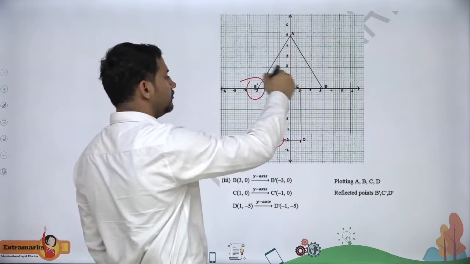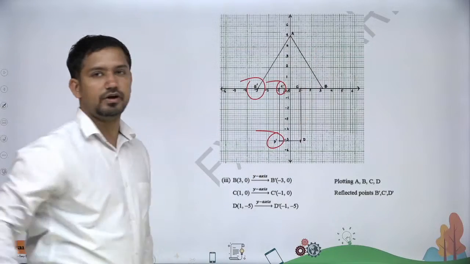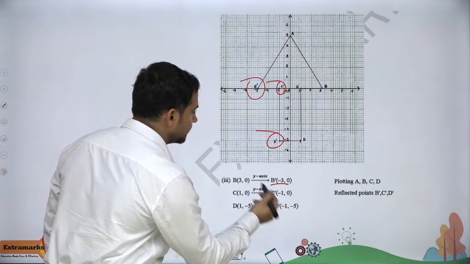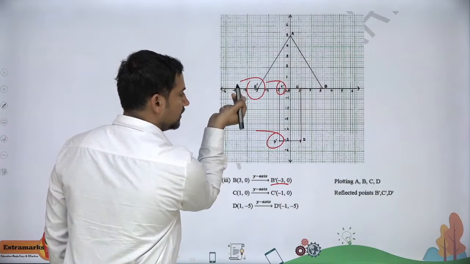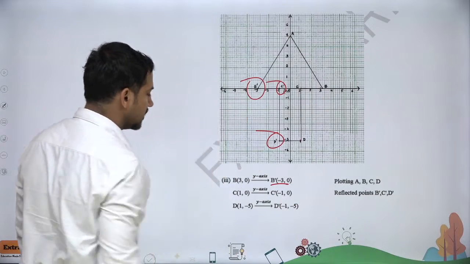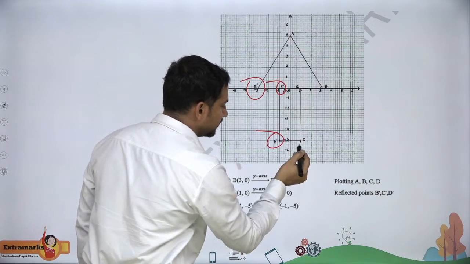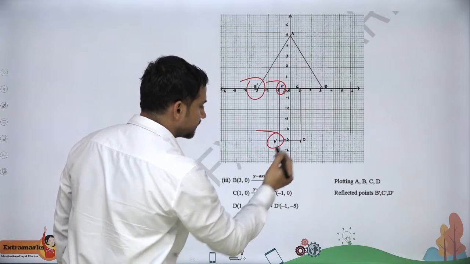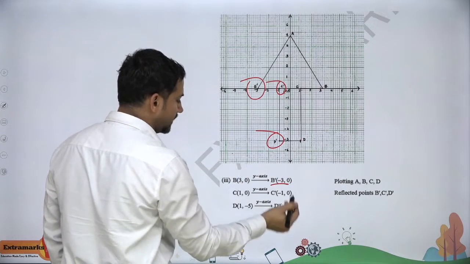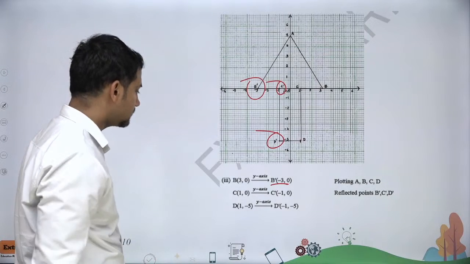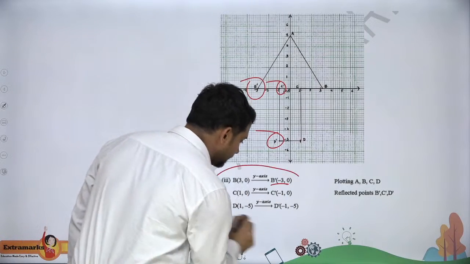Now, if we join all these points, the coordinates of the reflection are minus 3 comma 0, because the reflection of this is equal to this one. So the minus part comes, and again this is 1, so it is minus 1 comma 0. It is 1 comma minus 5, then it comes on the negative side, both are negative, so minus 1 minus 5. So according to that, these all are the reflection points.